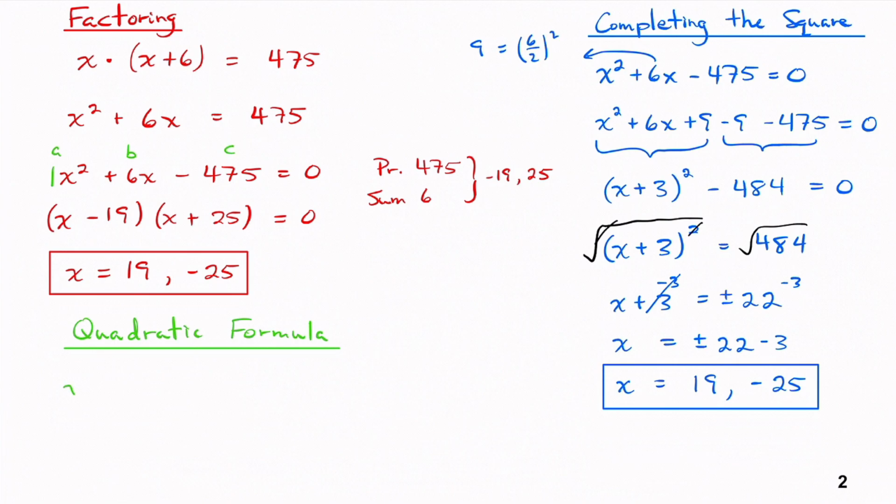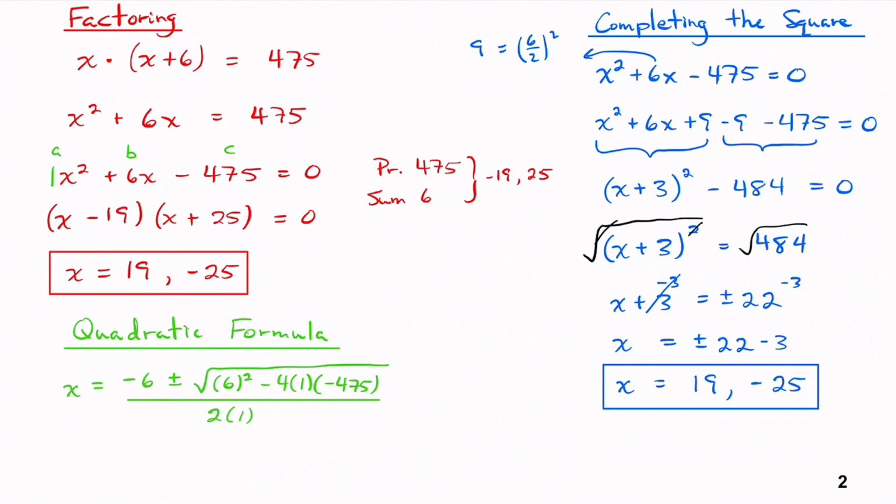Remember our quadratic formula: it goes minus b, so minus 6, plus or minus the big square root, and inside we had b squared, so that's 6 squared, minus 4 times a, which is 1, times c, which is negative 475. And make sure you always extend the line over everything in the radical. And then all of that is divided by 2 times a.